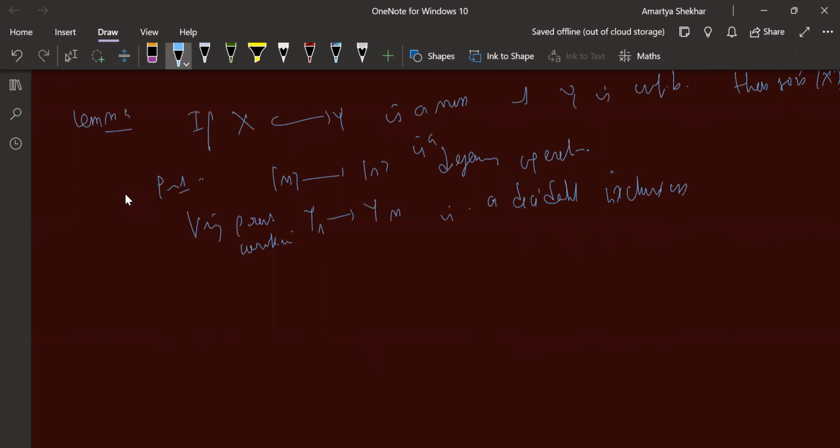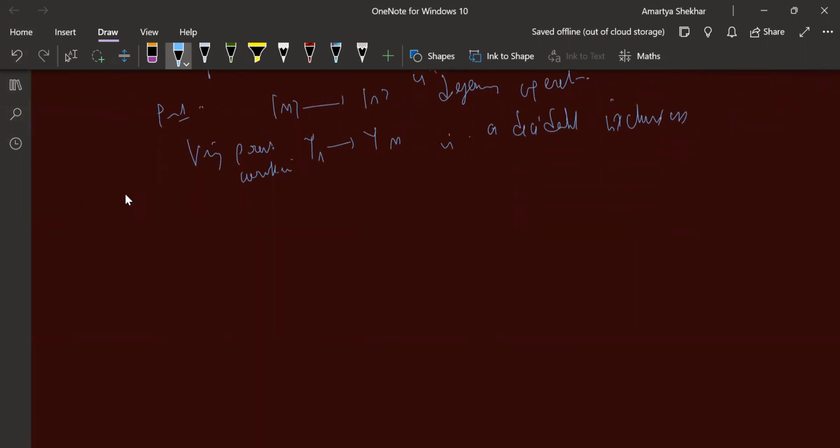Right. Again, by one of the previous results, this is a pullback, and is thus a decidable inclusion.